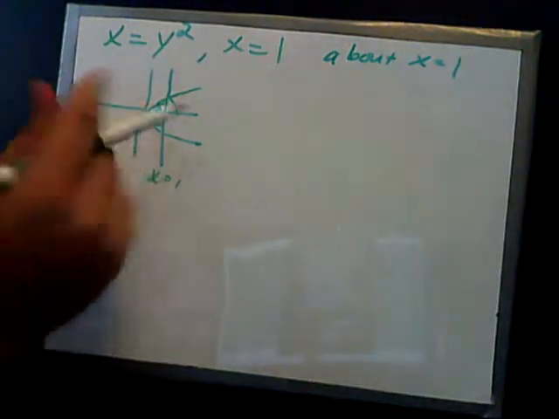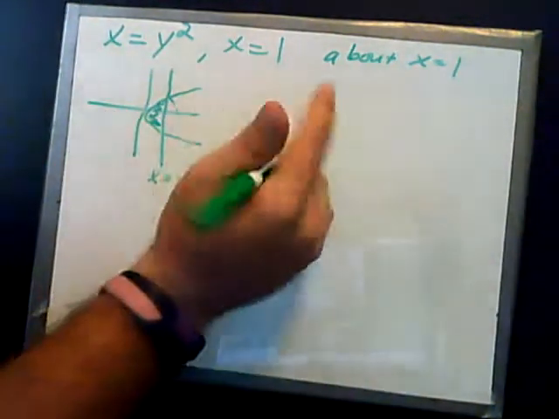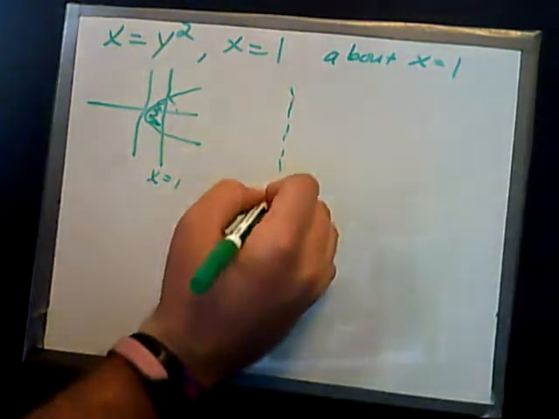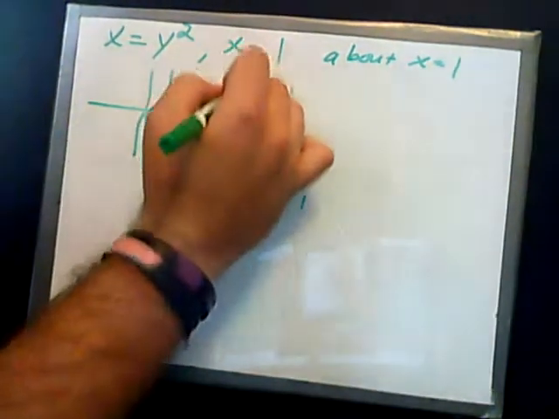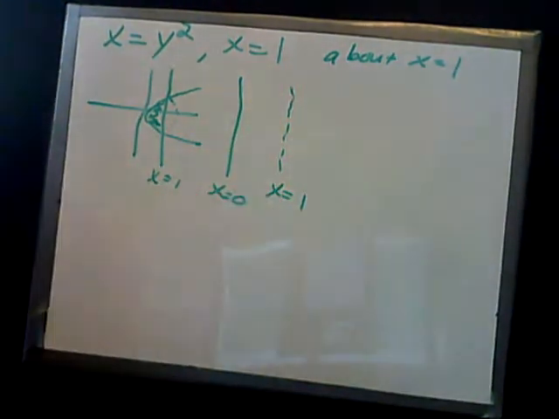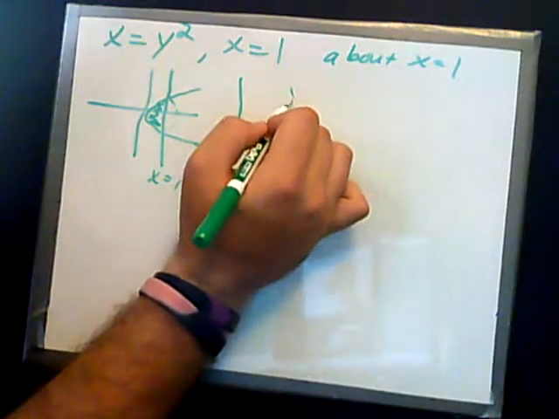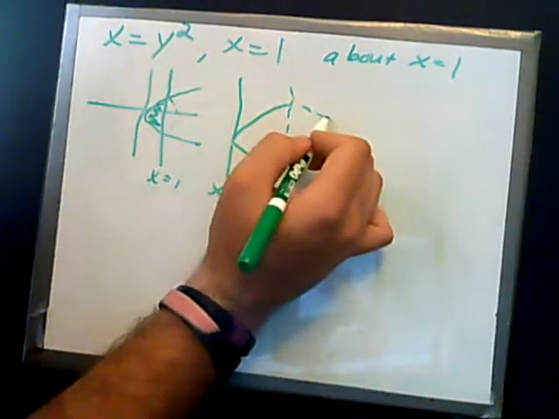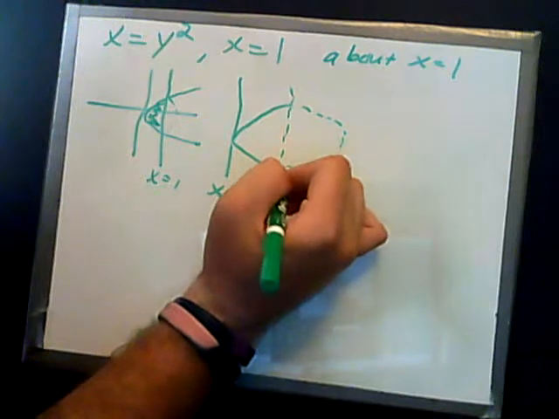Alright, so now if we take this little portion and make it bigger over here, we've got line x equals 1. Here's our vertical axis at x equals 0. And now we've got the parabola there. And now we're going to reflect that over the line here.